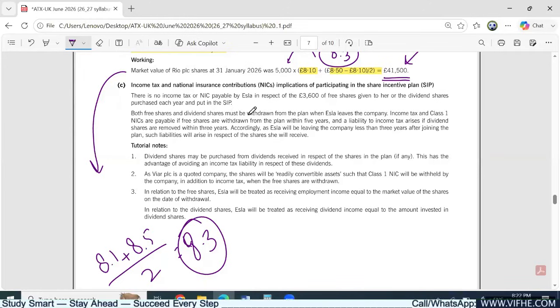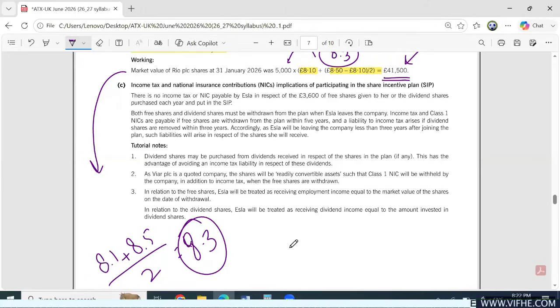See, there is going to be no income tax as well as NIC payable in respect of free shares when they are given to her, or even the dividend shares which are going to be purchased every year and then reinvested into SIP. We know that these free shares and the dividend shares will definitely be withdrawn at the point when Esla will have to leave the company.